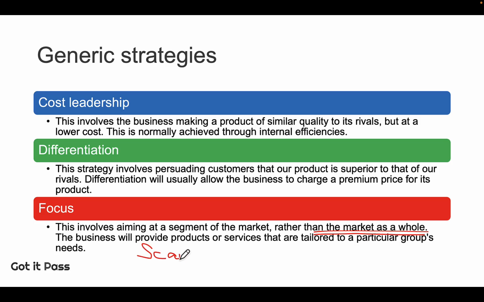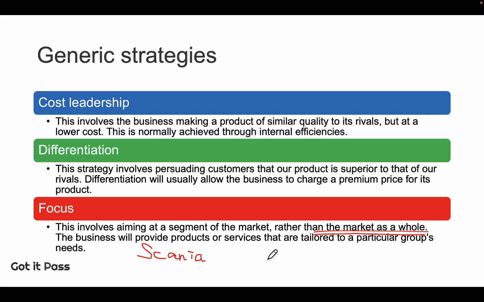It's a brand for trucks, and it only produces trucks, not passenger cars. So Scania is focused on a particular segment of the motor market, not covering all of them. It produces high quality trucks for commercial use, tailor-made to a particular group's needs because it only focuses on commercial vehicles. So here is the focus strategy.